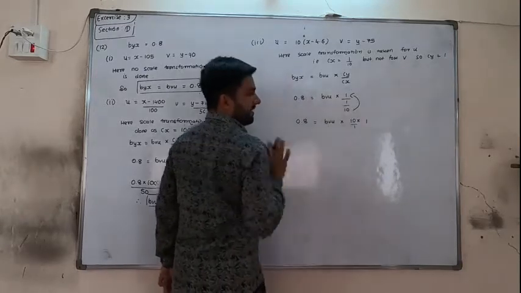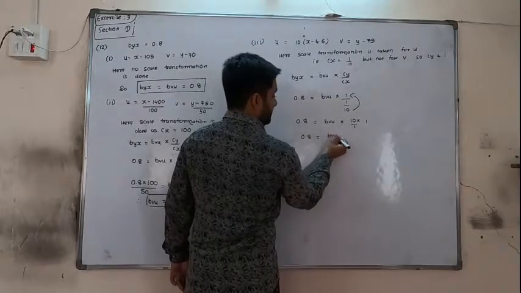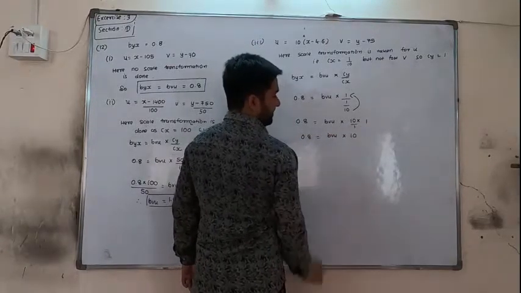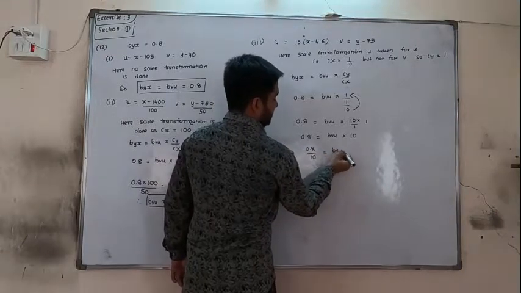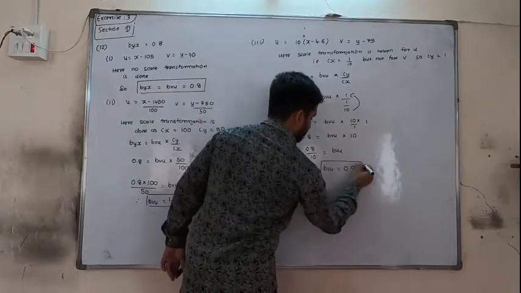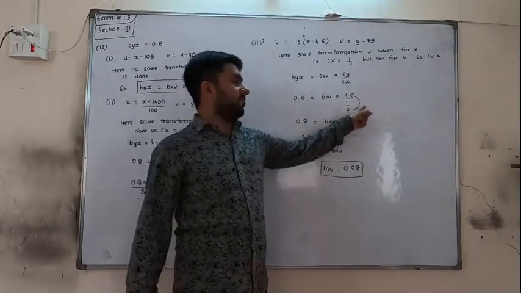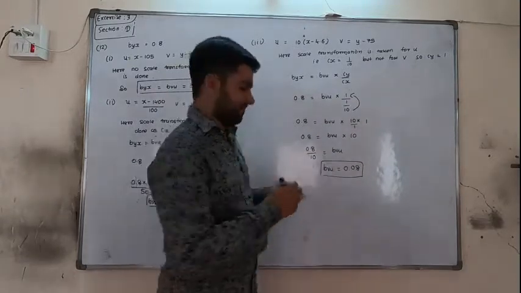Okay, 1 by 10 will be 10 by 1 and into 1. So 0.8 is equal to bvu multiply 10. 0.8 divided by 10 is equal to bvu. Bvu is equal to 0.08. What we are actually doing is, this whole term goes up. So 1 by 10 is 10 by 1.